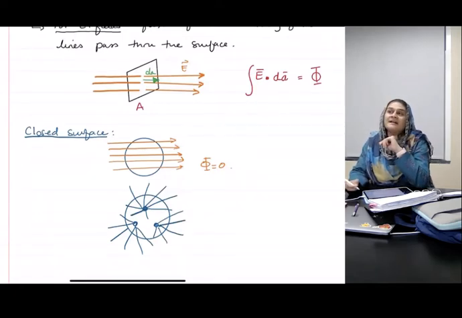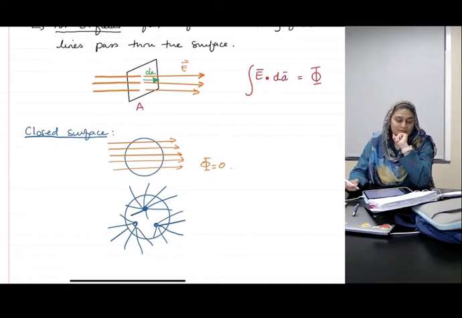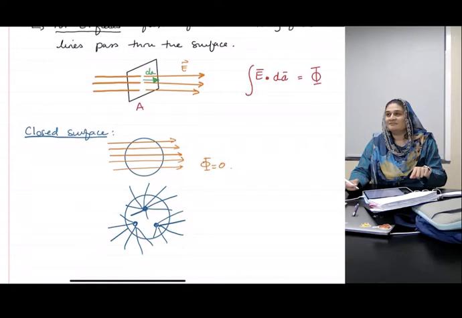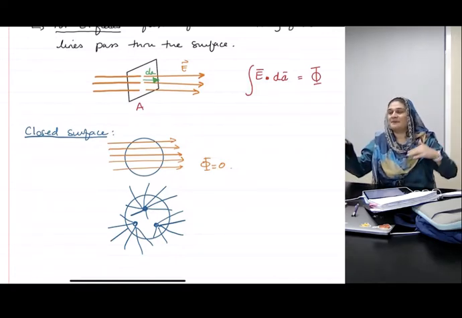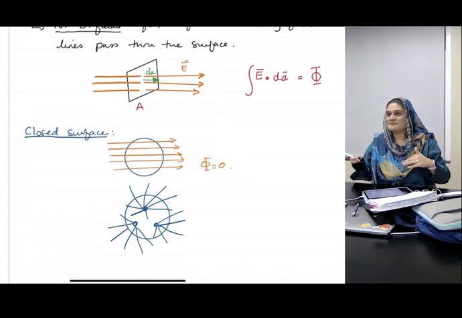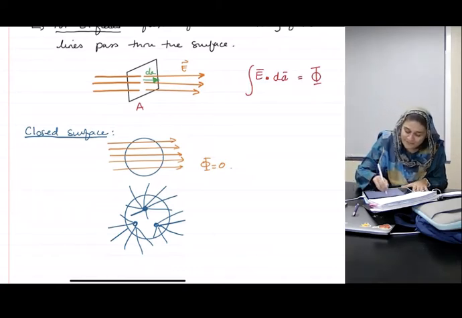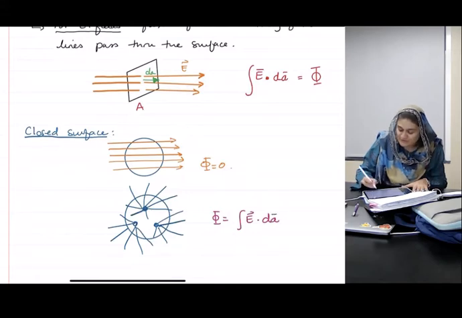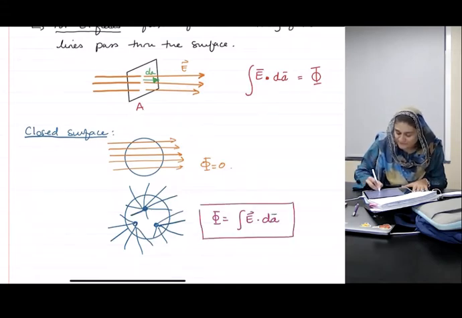Now, how do I find the flux through this area? You count up all the field lines outside and you sum over dA and you're done. Does that make sense? Okay, so we're going back to our original. The flux through this surface area will be: count up the E's, do it over the area, and you're done.